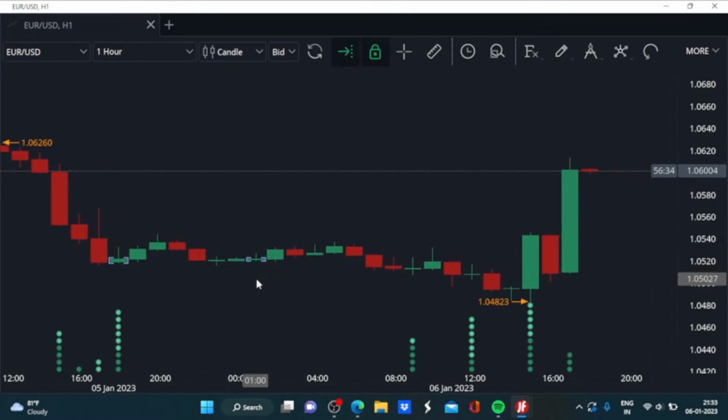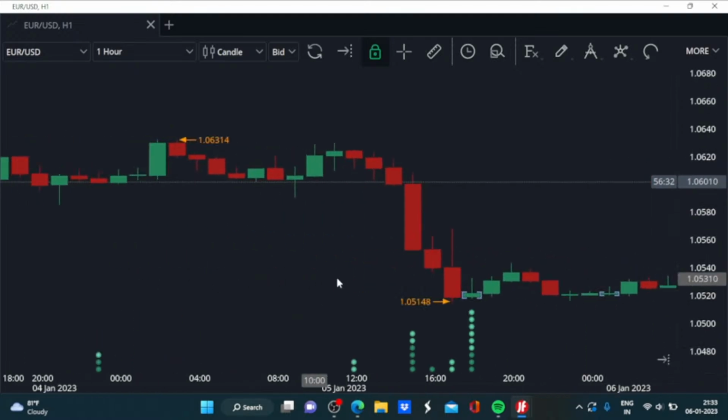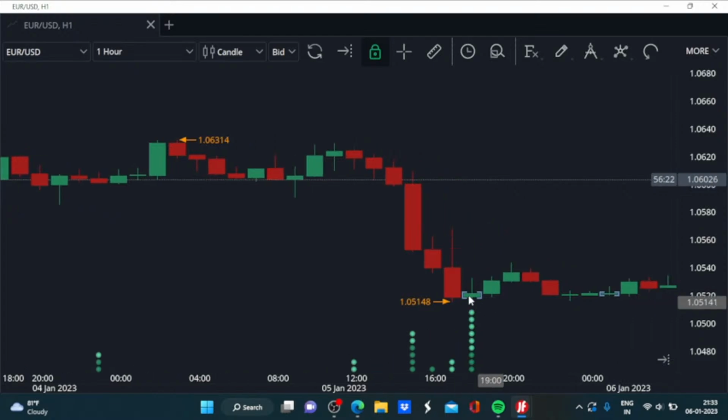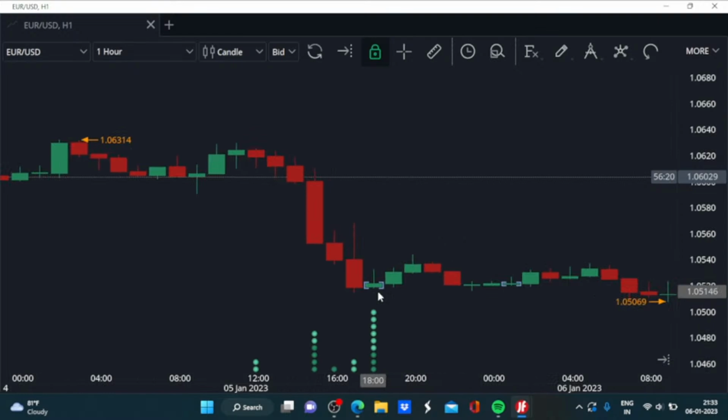Now, the importance of this formation is to look for short sell trades as it indicates selling pressure overpowering or almost overcoming the initial buying momentum. You can utilize this candlestick to initiate the trades, or you can even go for profit booking if you are trading on the opposite side.